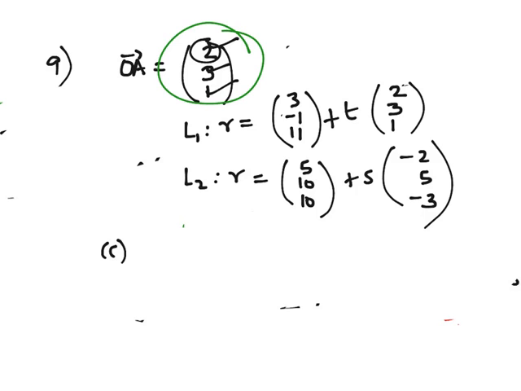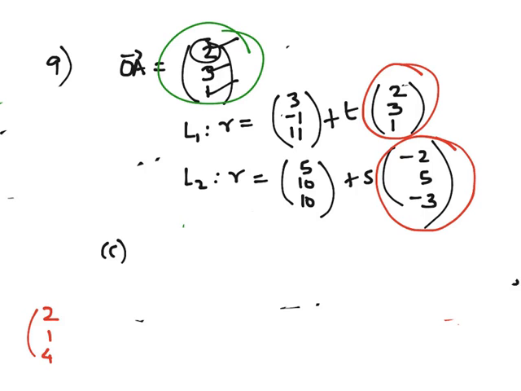Now this is the direction vector of the first line and this is the direction vector of the second line. Do you think these two vectors are parallel, students? They are not parallel, isn't it? Because if two vectors are parallel, their components will be proportional. For example, let's say 2, 1 and 4, and multiply everything by, let's say, 3: 6, 3 and 12. Now these two vectors will be parallel, right? These two vectors will be parallel, but not these.